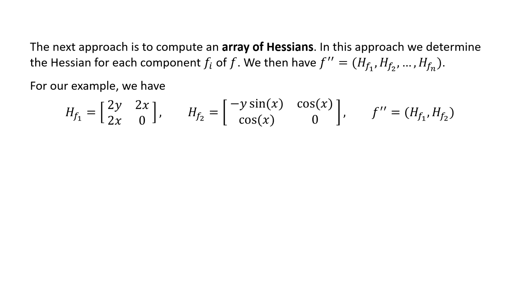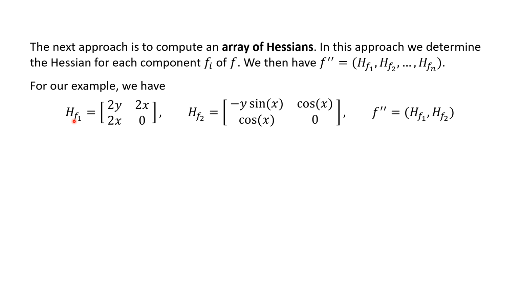Another approach is to form an array of Hessians, one for each component of our function, f. Now you noticed in our example we just had f1 and f2 as the components, but if you're mapping to fn, then you would have n components of your function, so the second derivative would look like this, a Hessian for each component of your function.